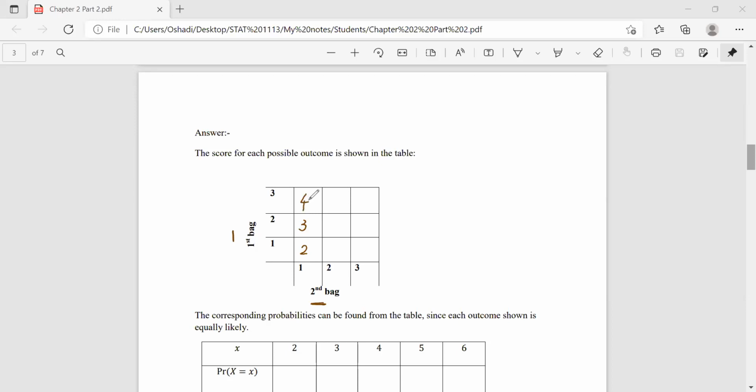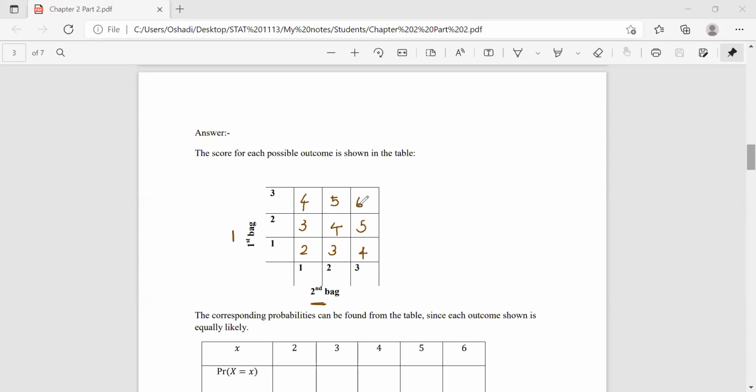Likewise, we can fill this table. Here 3, 4, 2 plus 2 again 4, 3 plus 2, 5, 5, and 3 plus 3, 6.